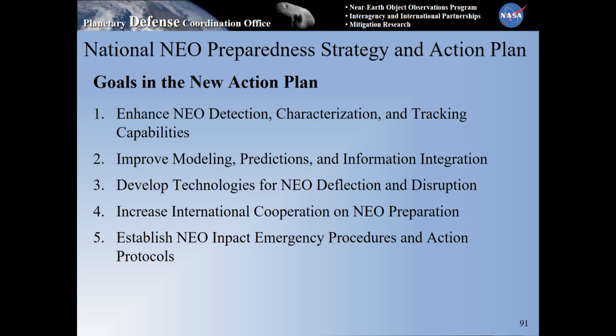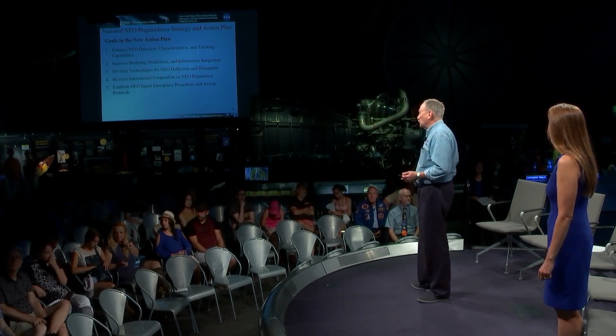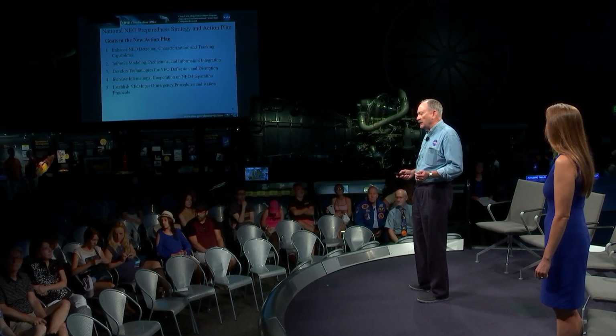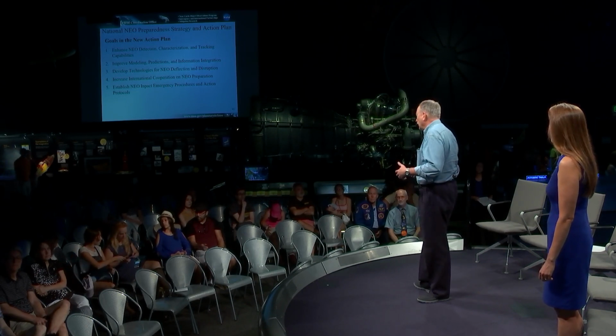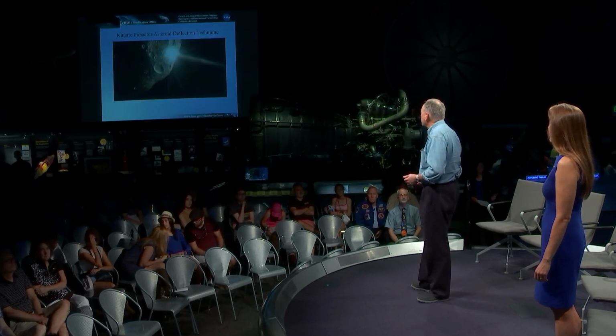Then we've got to develop those technologies and techniques to do the deflection. Also very important to the overall plan is increasing international cooperation. And then we're establishing the emergency response procedures and protocols: how the government is going to communicate amongst itself, communicate with the public about what's happening, and also internationally.